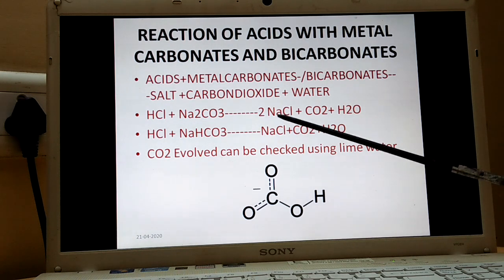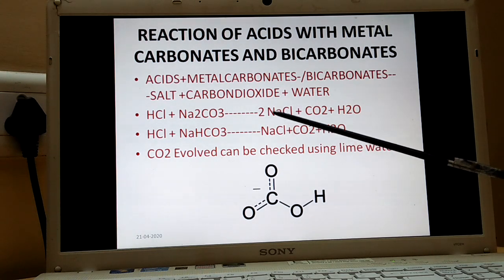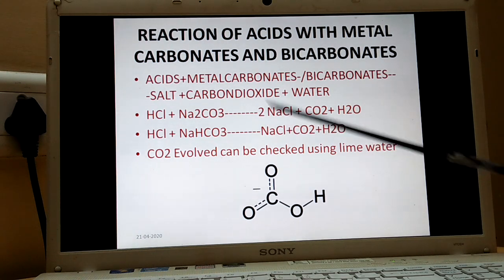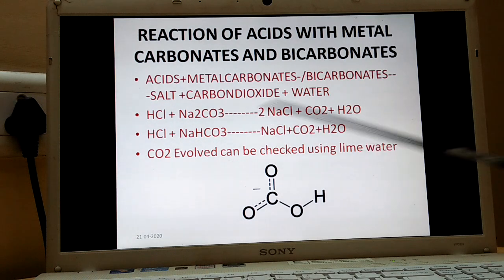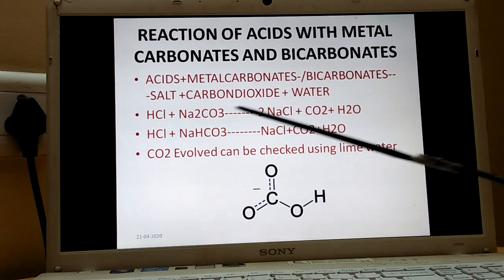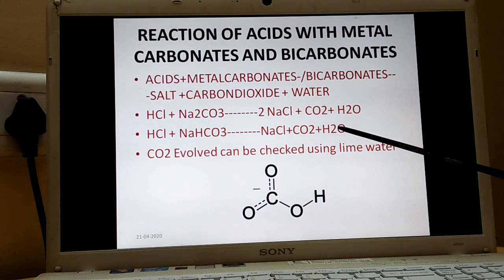Now in both the reactions, sodium chloride, carbon dioxide and water, we can make the reaction into a balanced equation by multiplying sodium chloride by 2, because here the number of atoms of sodium is 2. So the first equation is a balanced equation, as we have done in the first chapter of chemical reactions, balancing of equations.